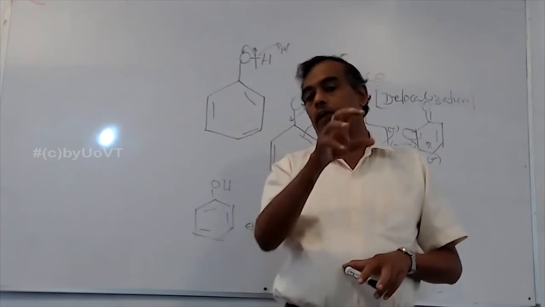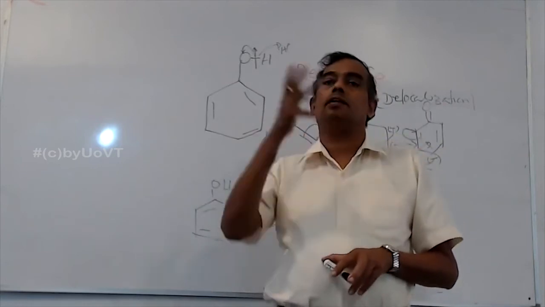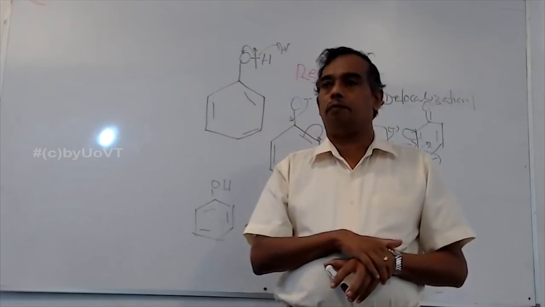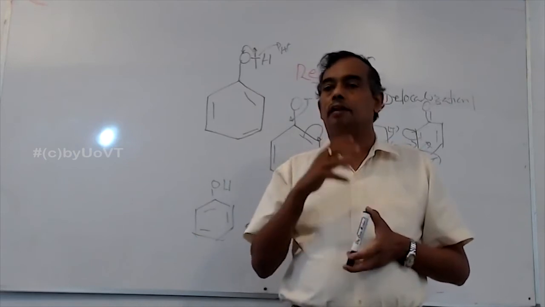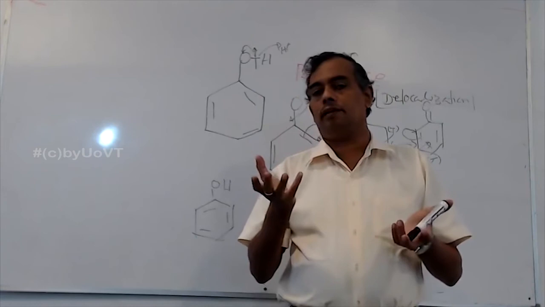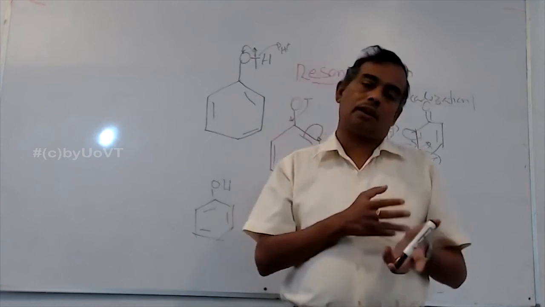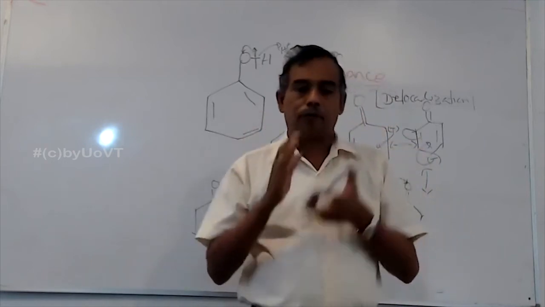But if anything absorbs the energy from singlet state oxygen, it converts back into normal oxygen. Then normal oxygen cannot interact with the compound like that. Then you can control the photooxidation.